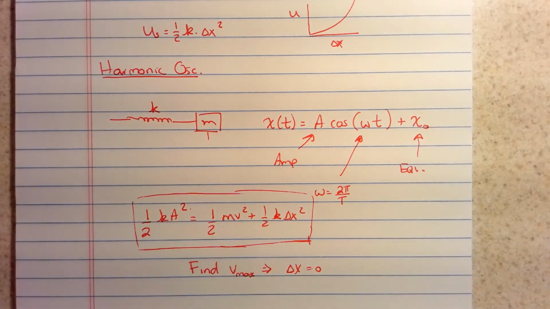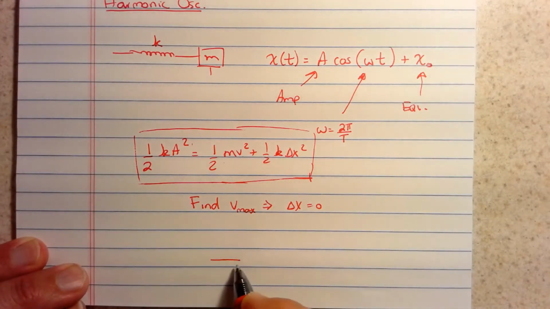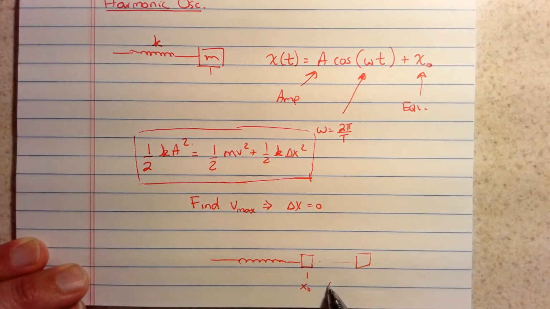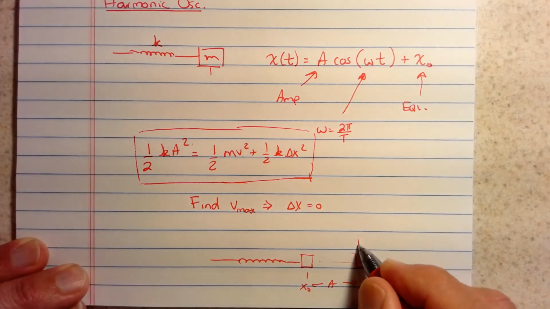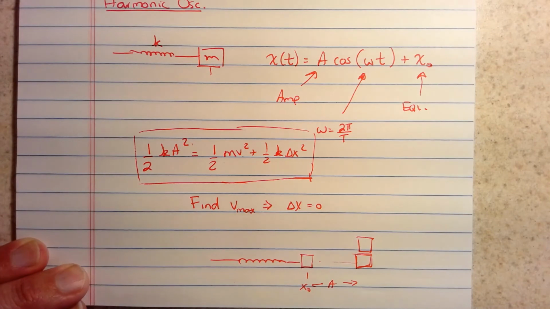So the thing to remember is that if you have a system, and let's say this is equilibrium, so here's my mass, but when it's way out here at its amplitude, the farthest point from equilibrium, if you drop another weight on top here so they stick, then energy is conserved because it wasn't moving, so no kinetic energy is lost if you drop something onto something that's not moving.